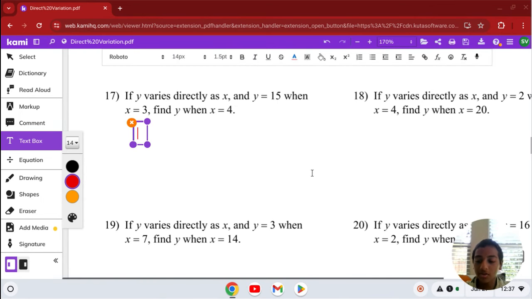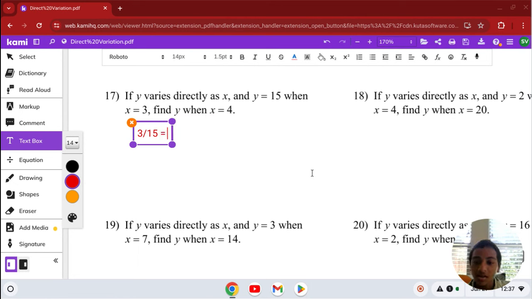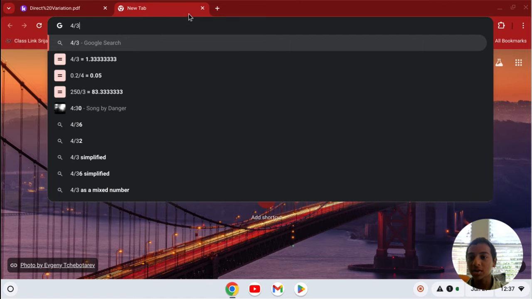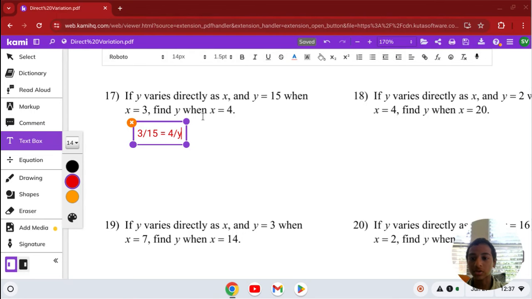Oops, little mistake. It's 3/15, yep, equals 4 over y. Alright, let's test it. 4/3 is 1.333333.